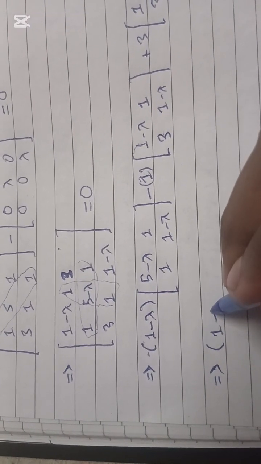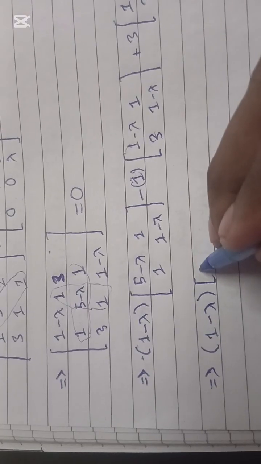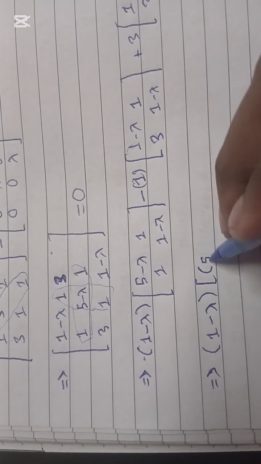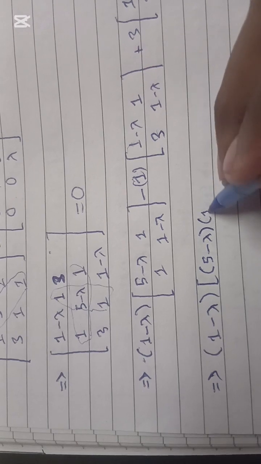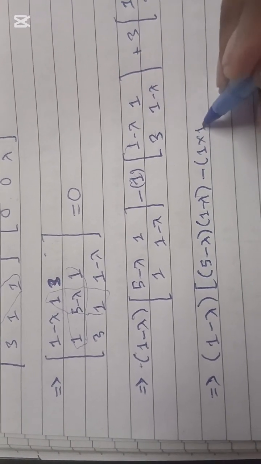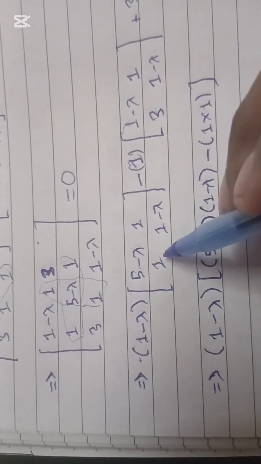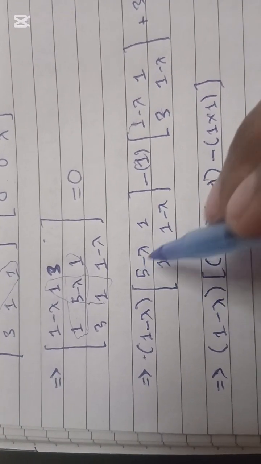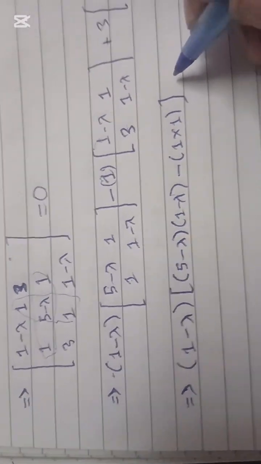Let's just leave this one like this. Minus 1 times, this is a matrix, so remember for the 2 by 2 matrix we used to calculate the cross: this times this minus this times this. The same thing will follow.